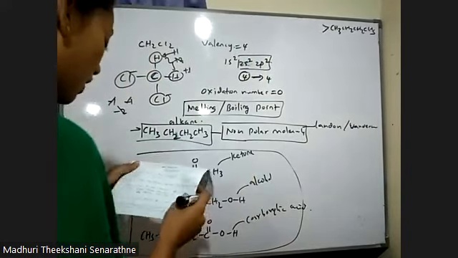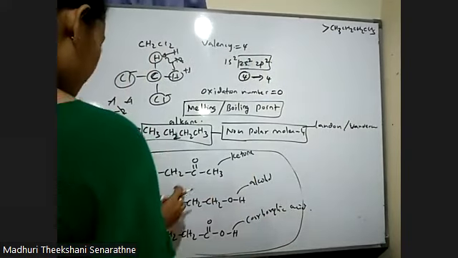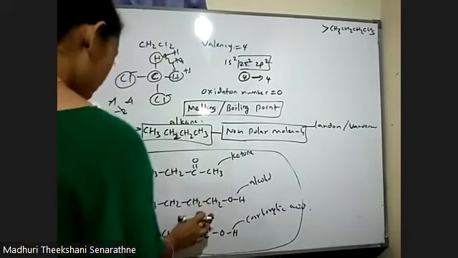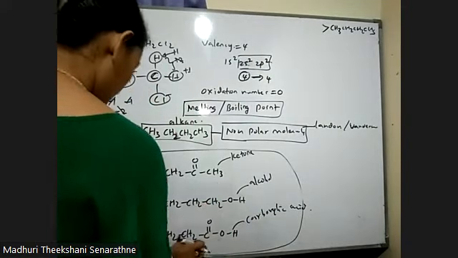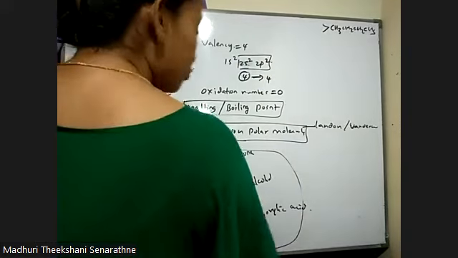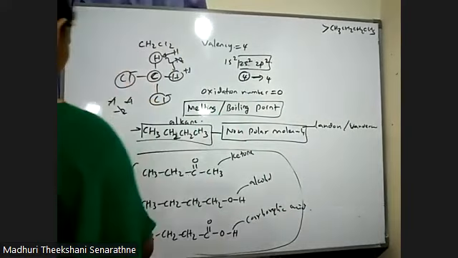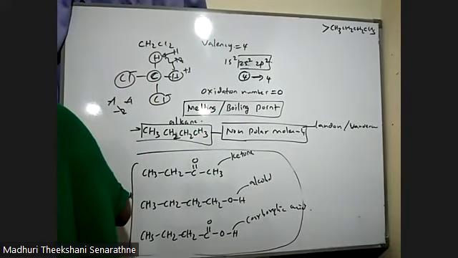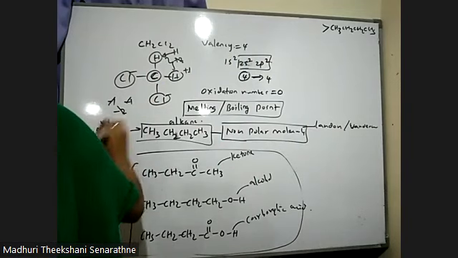Next, compare the 3 polar molecules. This is a ketone, alcohol and carboxylic acid. All of these polar molecules have dipole interactions.